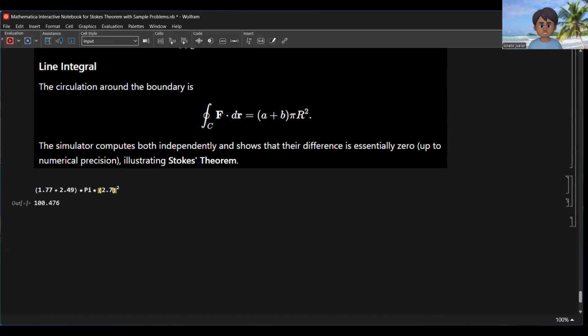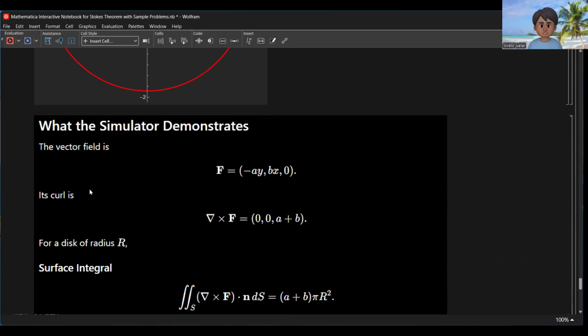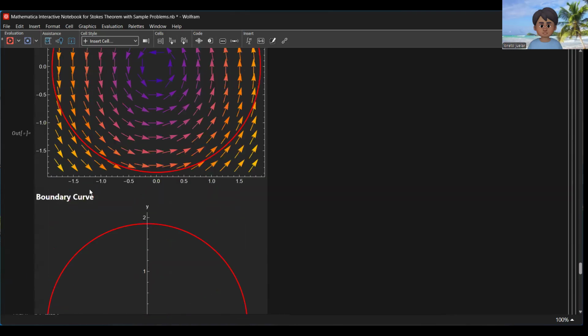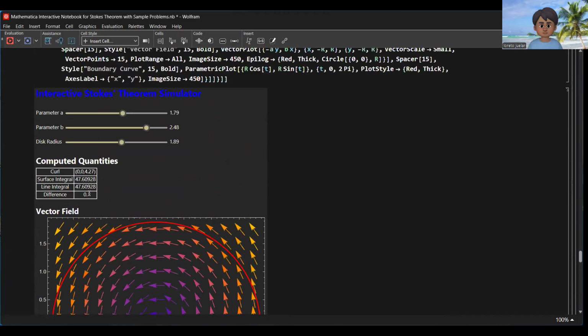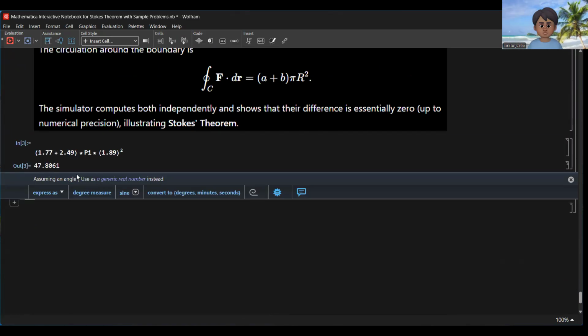So the answer is 47.8061, approximately 47.806. So this is the answer, approximately equal to 47.8.